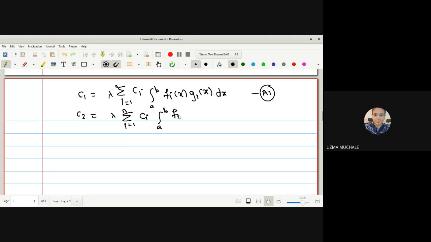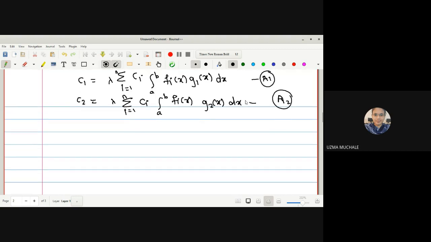What is our second multiplier? It is nothing but g2 of x dx. This is nothing but your a2. And in this way, we can have many equations. We can write lastly cn is equal to lambda summation over i 1 to n ci integration a to b fi of x into gn of x dx.